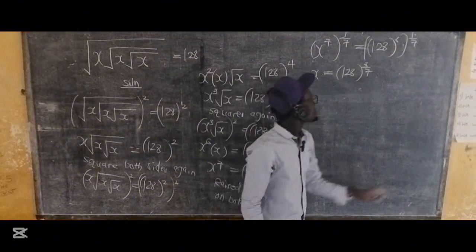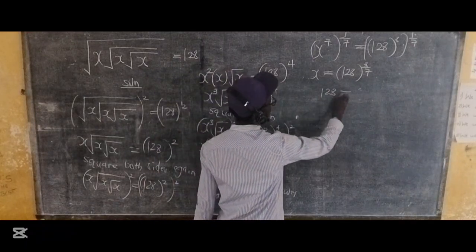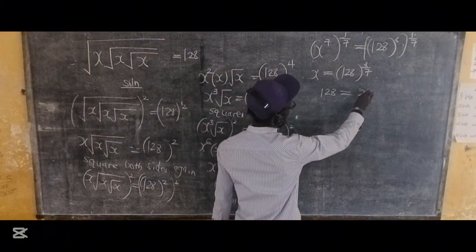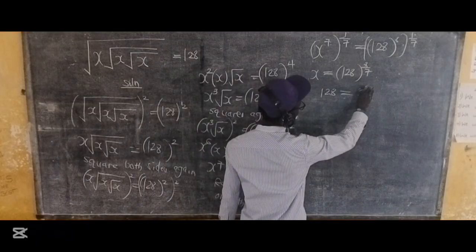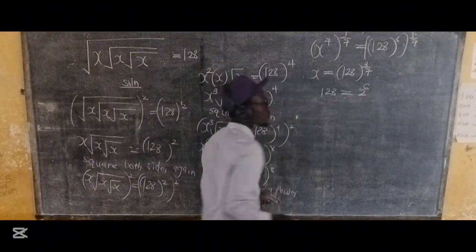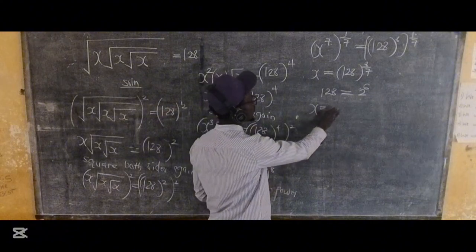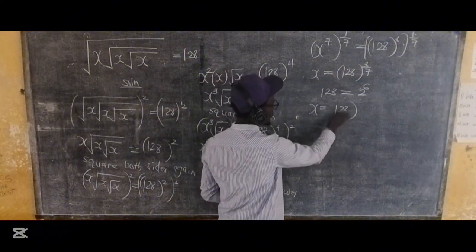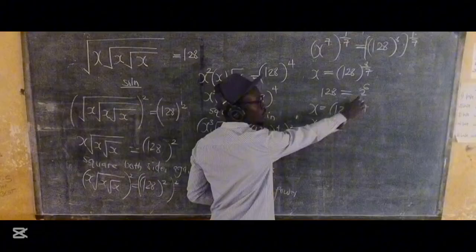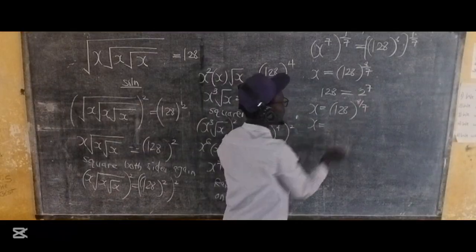Now from this point, we know 128 is also equal to 2 raised to the power 7, since 2 raised to the power 7 gives me 128.